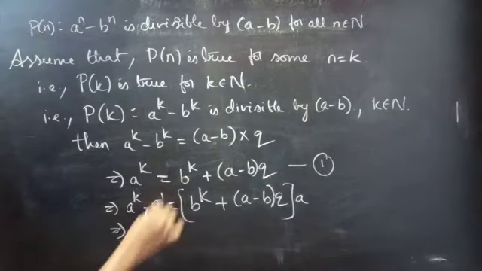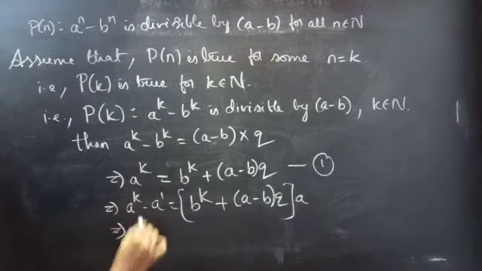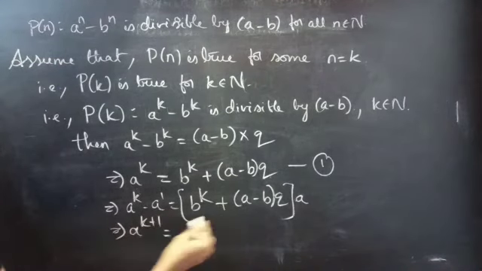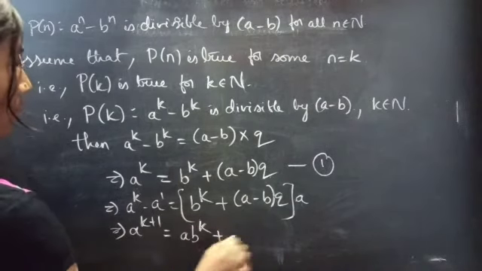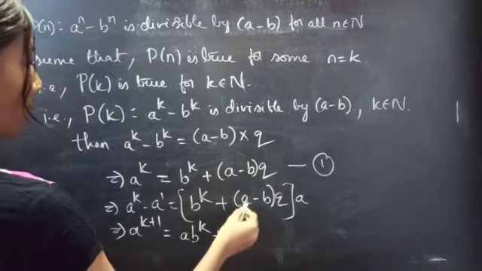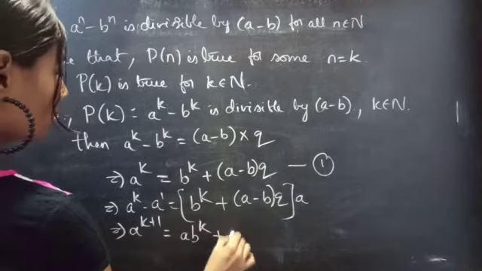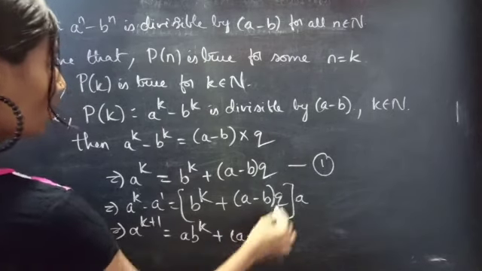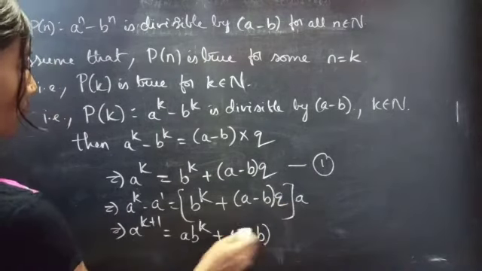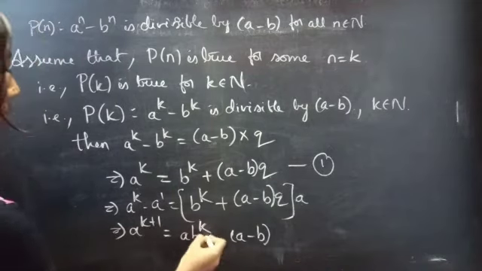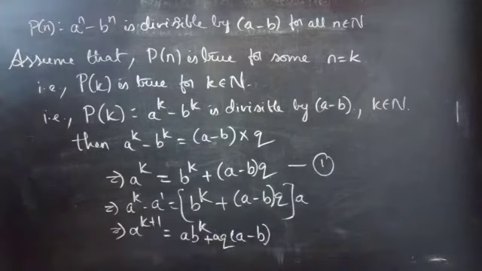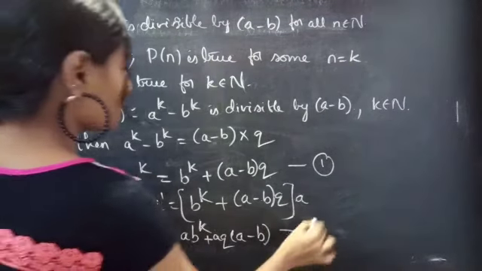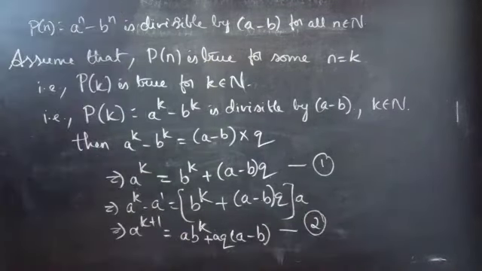From this you'll get, here you can add the powers, a power k plus 1 equals a into b power k plus a, okay, or a minus b into a q, right? We'll just write this as plus a q into a minus b. Okay, consider it as equation 2.